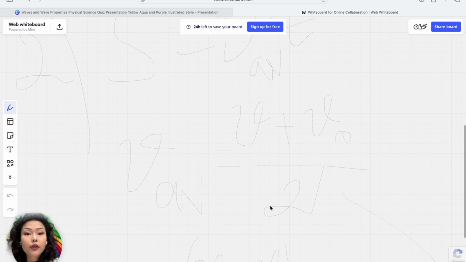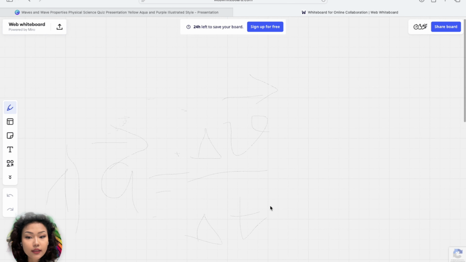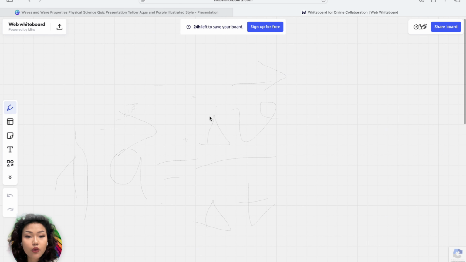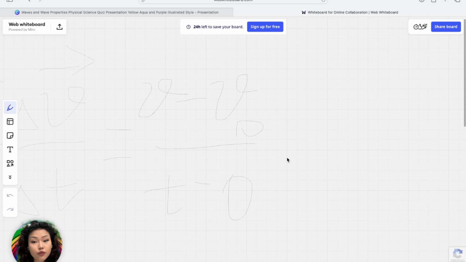But from the first formula, we can say that time equals velocity divided by acceleration, right? But there, as I said, we have two types of velocities, so we should include them in this formula too. So it means final velocity minus initial velocity divided by time minus 0. Why 0? Because we have only one time during the whole motion.